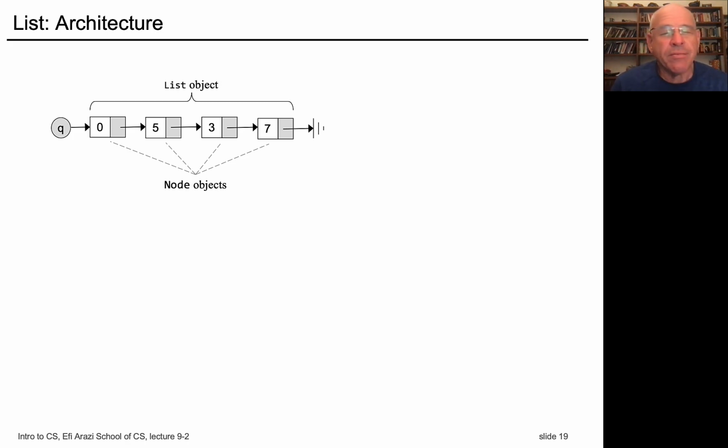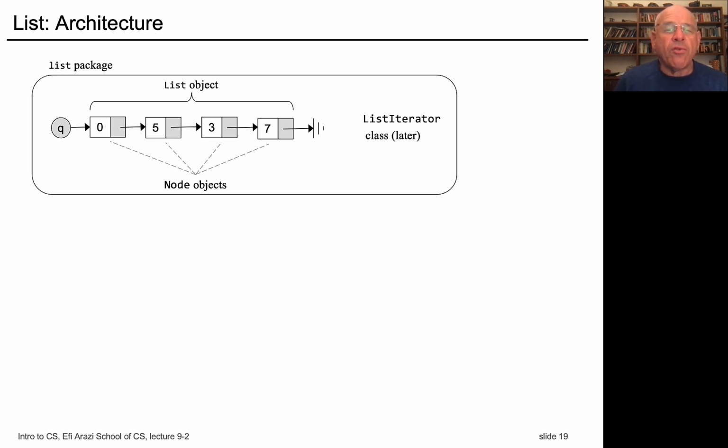This is my train. Now, in addition to these two classes, the list and the node class, I'm going to need a third class called list iterator. And this class is something that I will discuss at the end of the lecture, so we can ignore it for now. So I have three classes, list, node, and list iterator, and I'm going to put all of them together in a collection of classes, which in Java is called a package, not only in Java, also in C++.